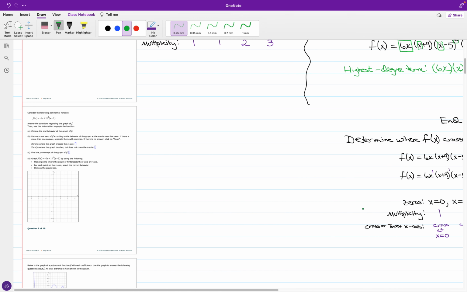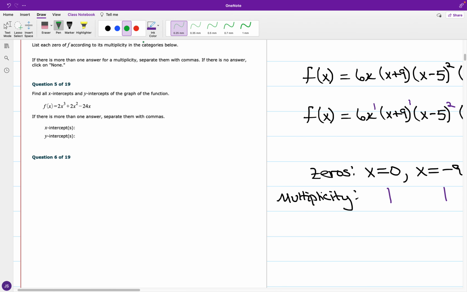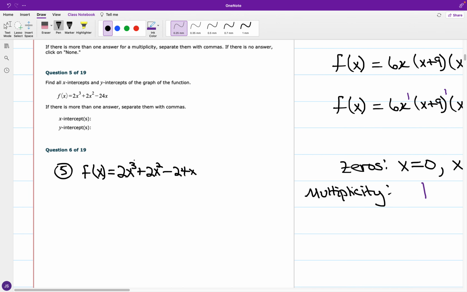Now for the next item, you're looking at the basic x and y intercepts of our polynomial function. For f of x, we have f of x equal to 2x cubed plus 2x squared minus 24x.